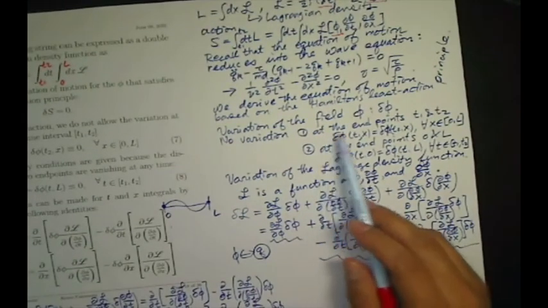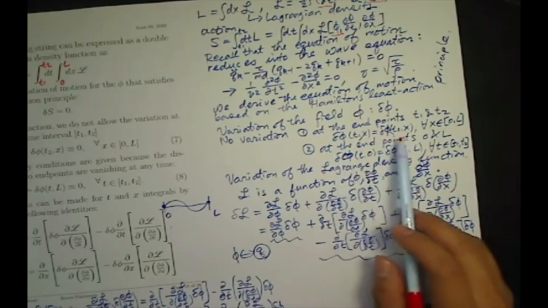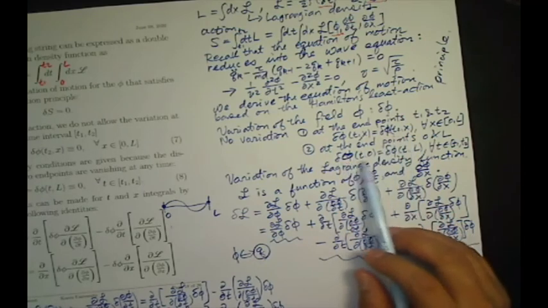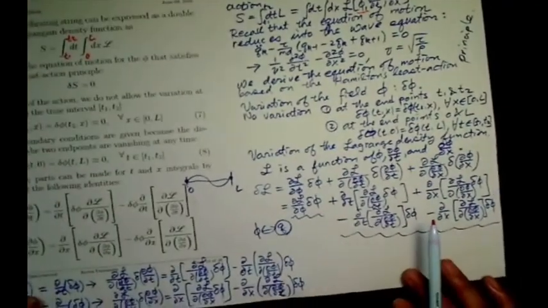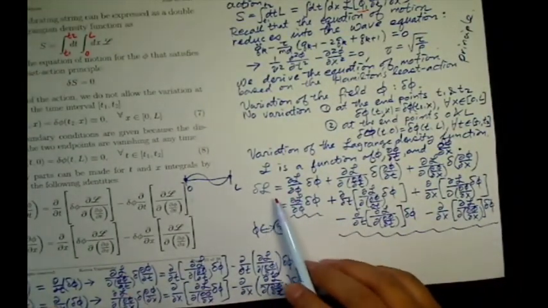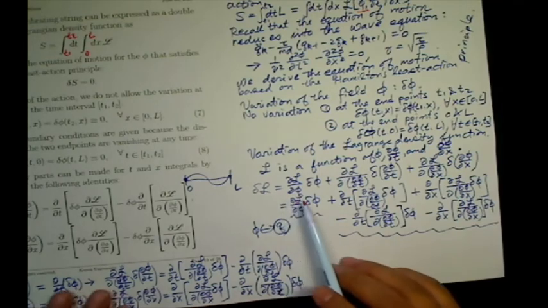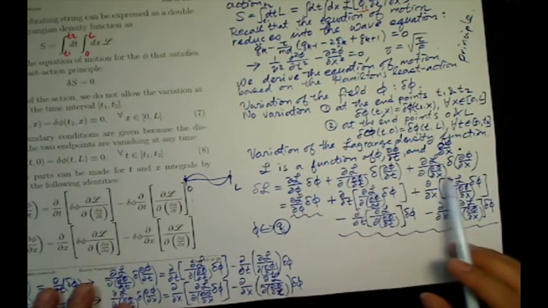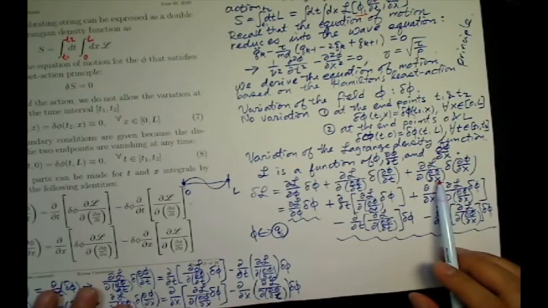Alright, so by making use of this constraint, there is no variation for the endpoints of t and endpoints of x. Let us vary the Lagrange density. The Lagrange density is a function of phi, its time derivative and its spatial derivative.